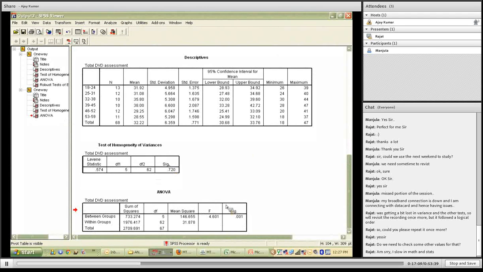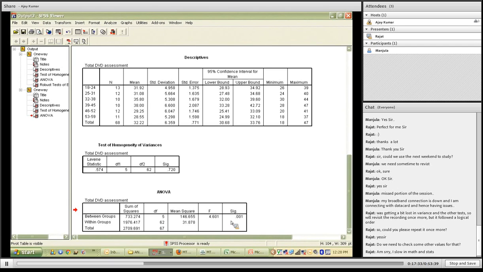So there you are, that significance value. You will look at this significance value. Having looked at it, we can reject the null hypothesis of ANOVA, which was that there is no difference between the means of the groups being studied, and hence this null hypothesis is rejected.